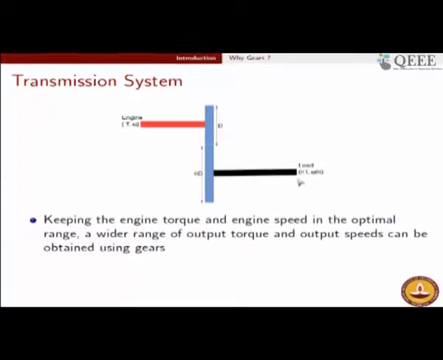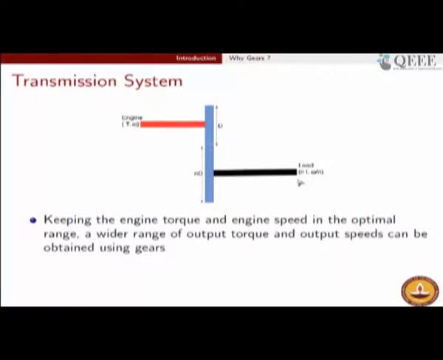So, it is always this trade off between torque and speed which keeps happening every time the driver changes gear, and also in automatic gearing systems, where an electronic controller, for example, plays with the torque and speed balance.